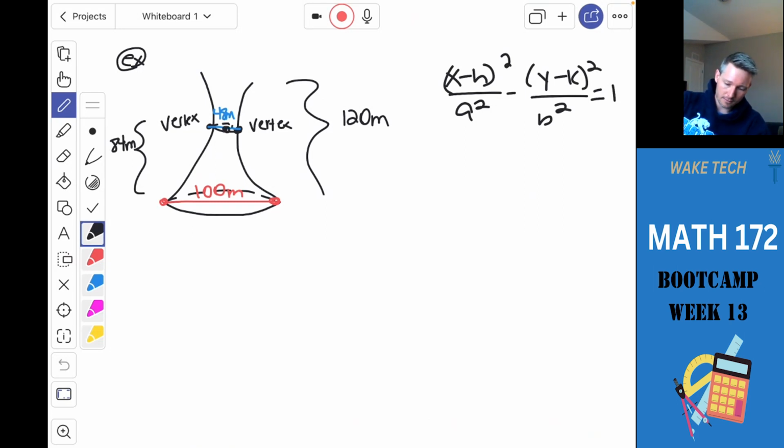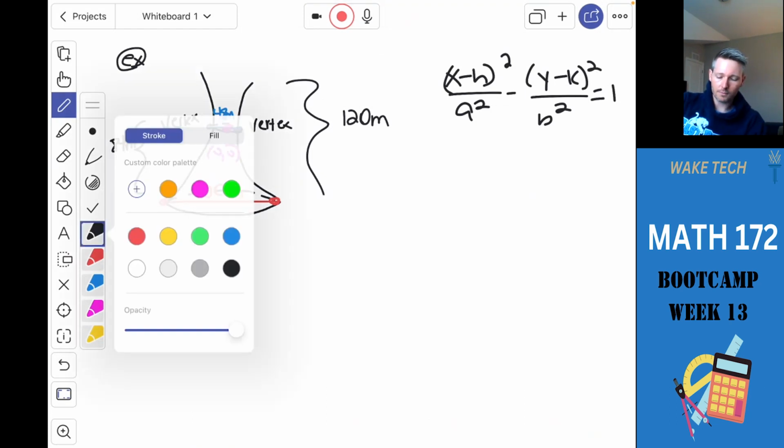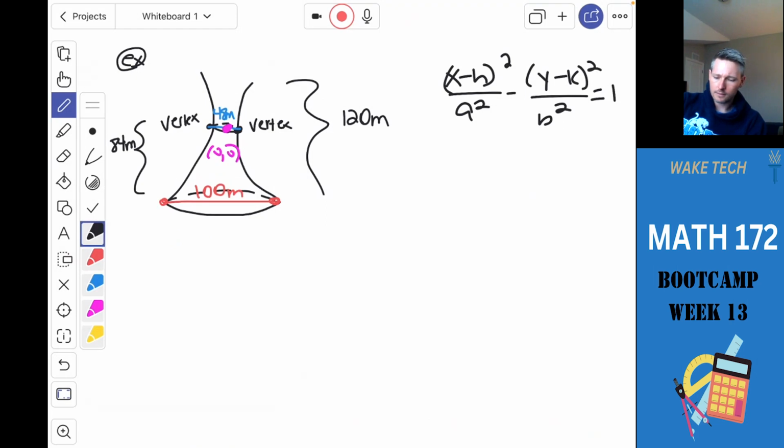So let's do that. I'm writing the center here in purple. That ordered pair is 0, 0. So we'll plug in 0, 0 for h and k. X squared over a squared, y squared over b squared is equal to 1.